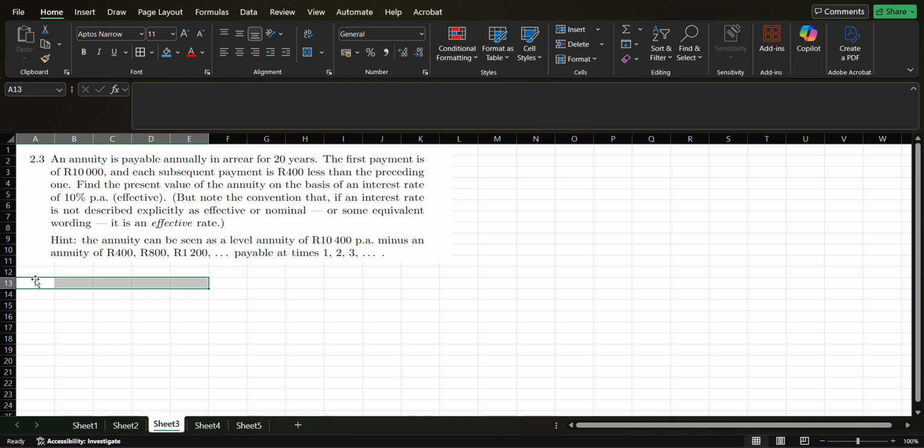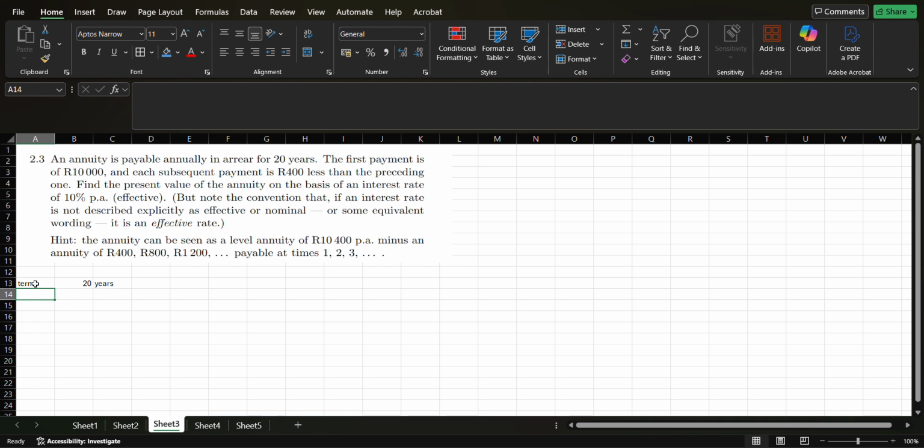So here we have, I'm going to write down the information here, like I said. Let's just read it first. We have an annuity payable annually in arrears for 20 years. So we're told that the term is 20 years.